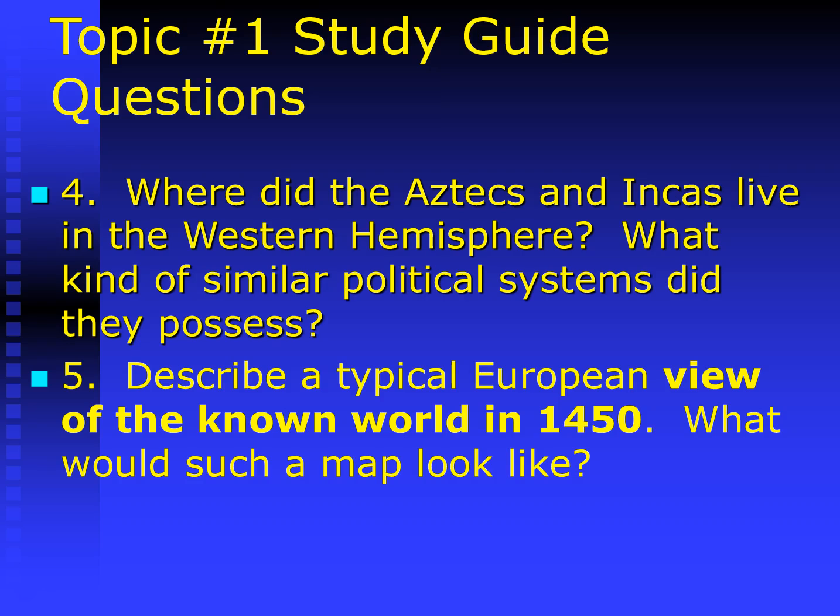And then we'll wrap up our opening lecture with number 5, where I will describe a typical European view of the known world in 1450. I'm going to do that with a map.